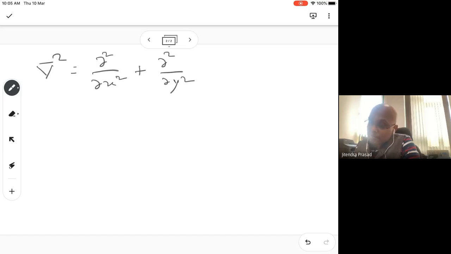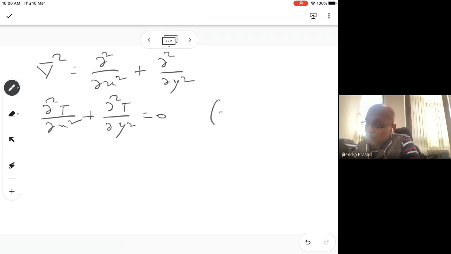So del square T over del x square plus del square T over del y square equals 0, or del square T is equal to 0, which we know as the Laplace equation.